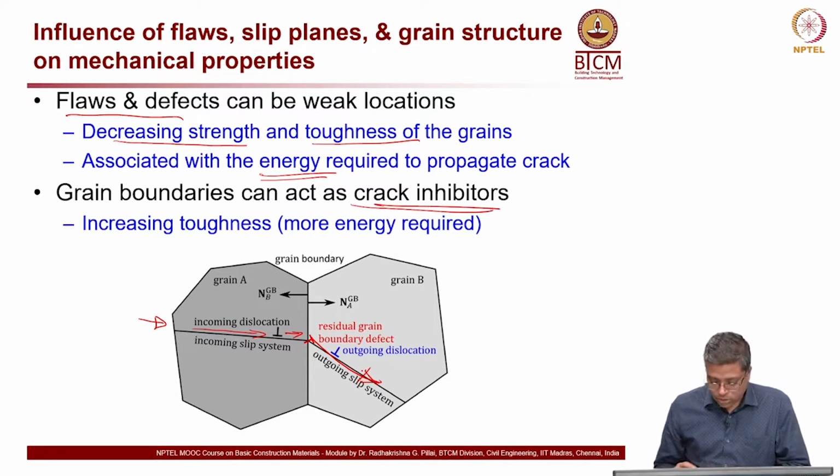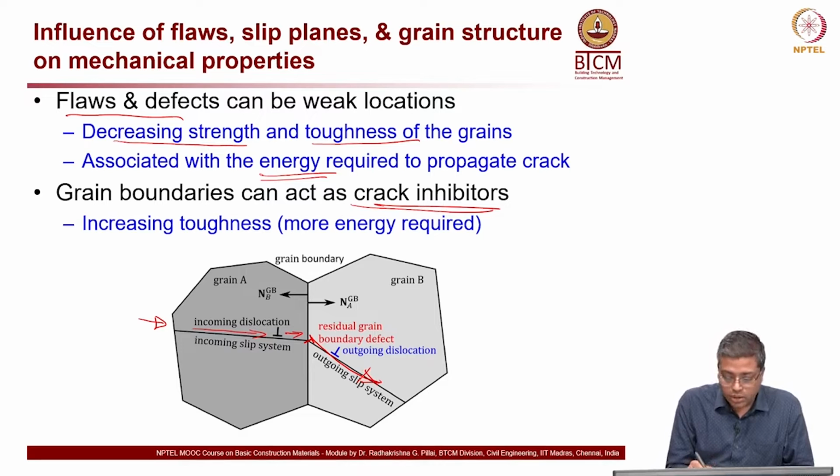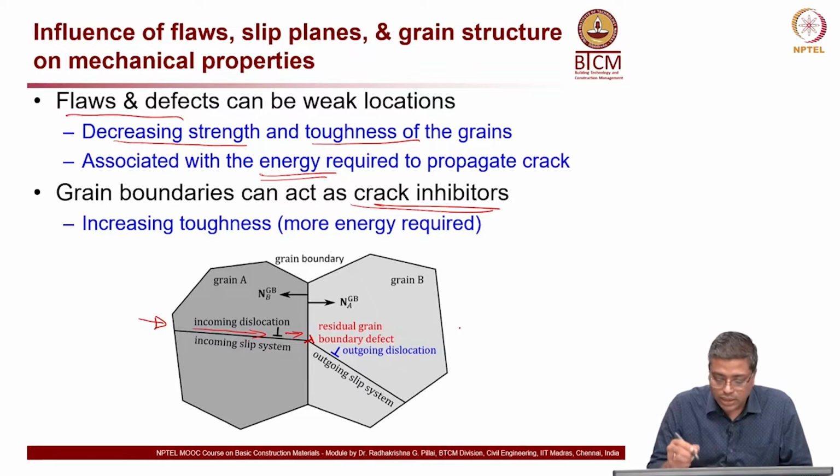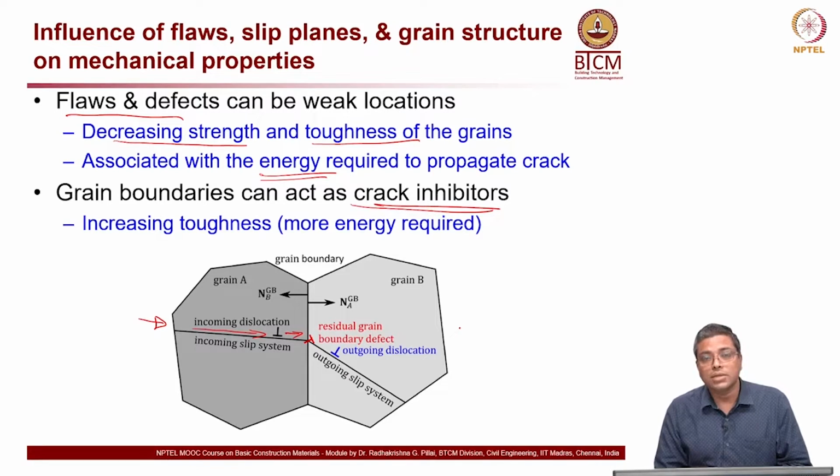If it was going in the same direction, the energy requirement to move that dislocation would be relatively less. But this is a useful thing about the grain boundary, because it helps in enhancing the toughness and probably the strength of the material.